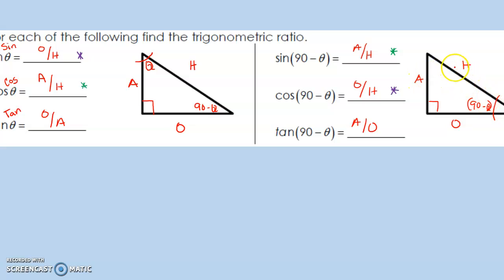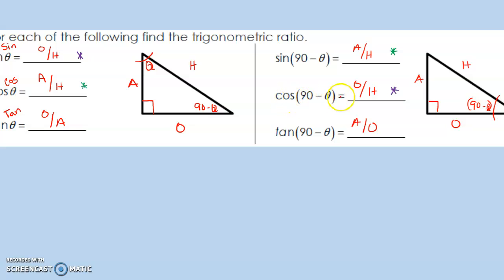Well, that's an A over H. Cosine is my adjacent side, which is now O over H. And my tangent is opposite over adjacent, which is now A over O. So when we look at this, this is sine of one acute angle, opposite over hypotenuse.